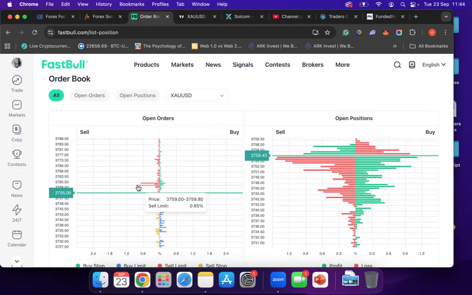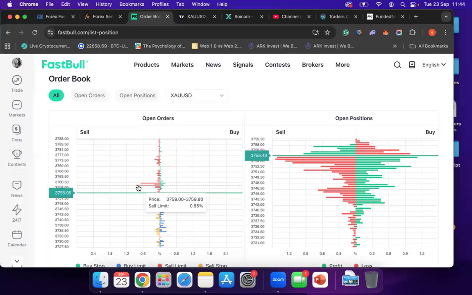But sometimes there's some traders, they usually do something called spoofing. They place their orders, and then as soon as the market reaches that point, they remove their orders. So you must be very, very careful about that. But generally, that's how it is because fuel for the market, it's orders.